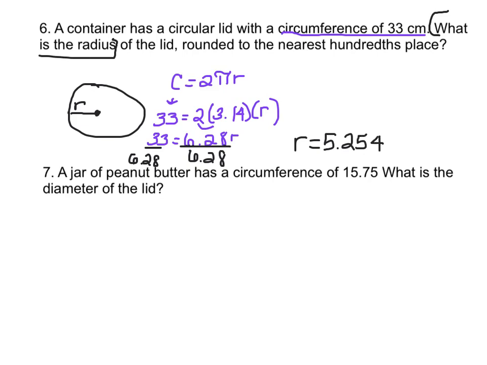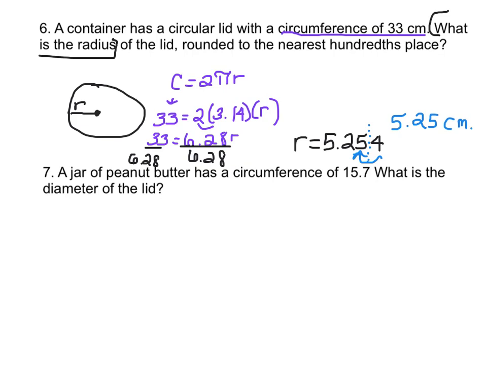However, the question asks to round to the nearest hundredths place. The hundredths place is 2 numbers after the decimal. So I don't want this 4. This 4 is going to make this 5 stay the same. So the radius of this container, the circular lid, is 5.25 centimeters.